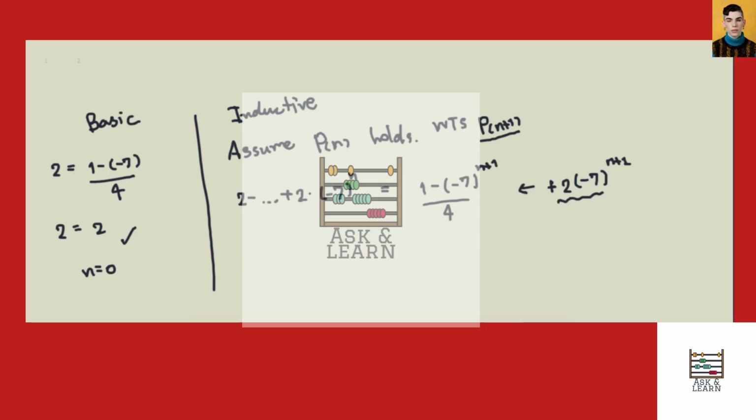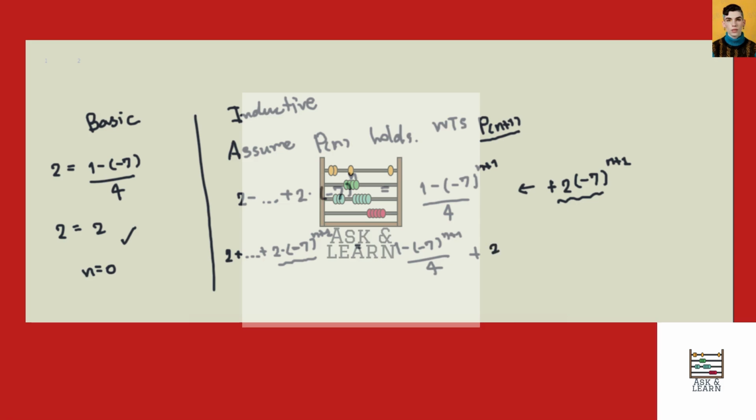So we are done with one of the sides already, because now it's gonna end with the term that we want, 2 times minus 7 to the n plus 1.